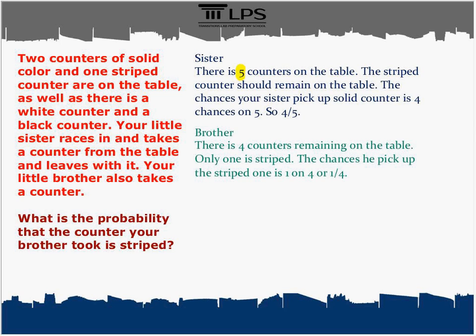Please see how I'm going to express this statement. The sister is going to select a counter and the brother will also select a counter. In probability, what does that mean?